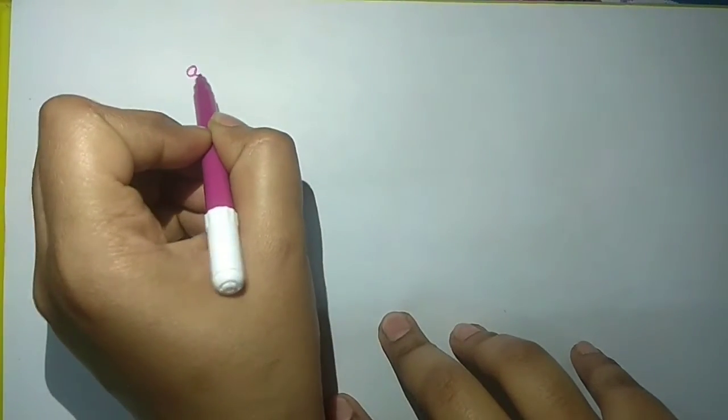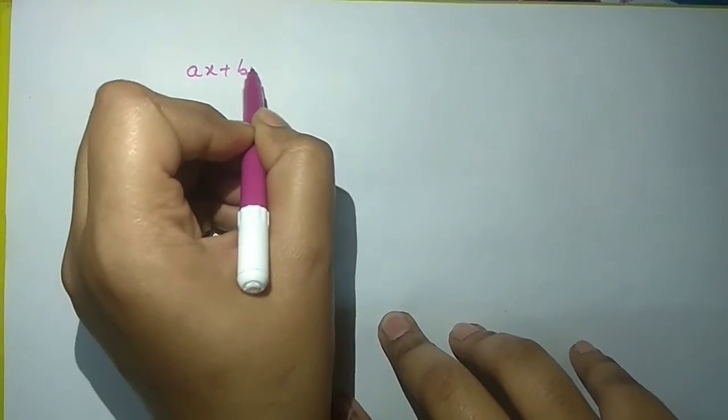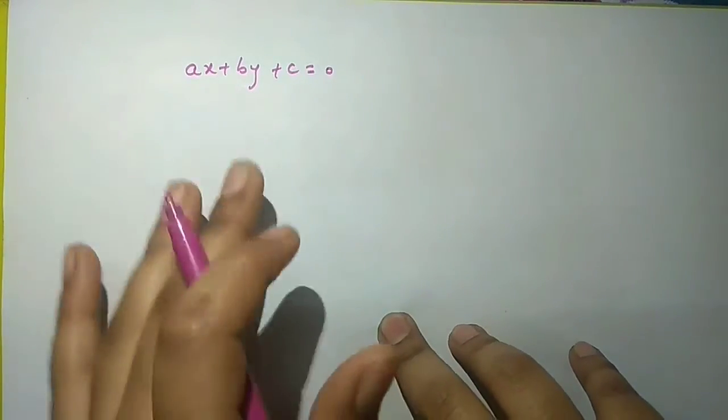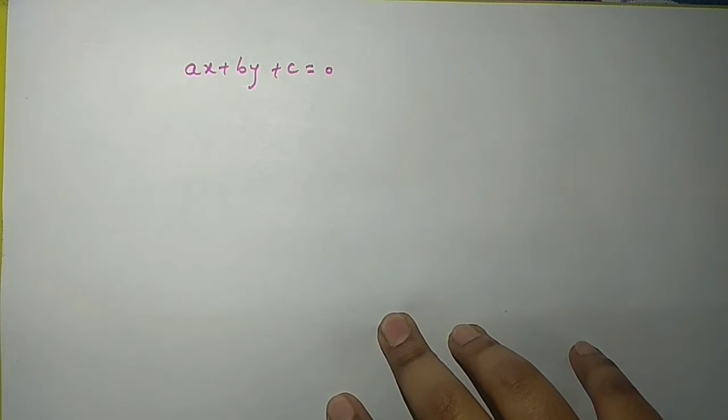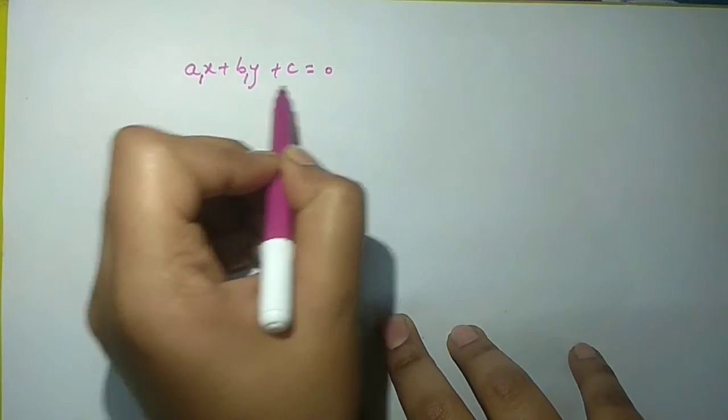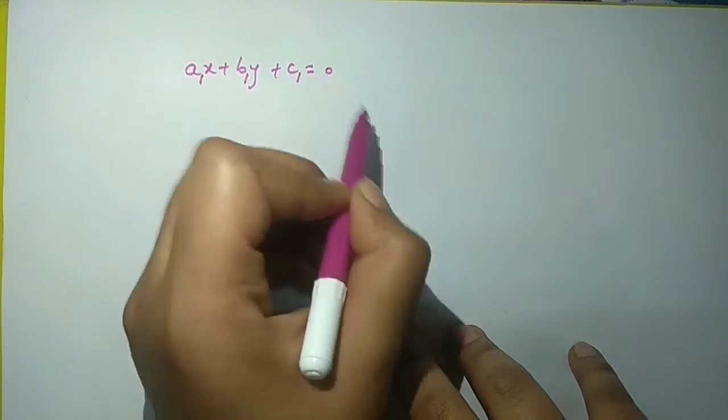So let's recall the representation of linear equations. That was ax plus by plus c is equal to 0. This is the representation of a linear equation. Now, if I am talking about the pair of linear equations, then I will write it as a1x plus b1y plus c1 is equal to 0.